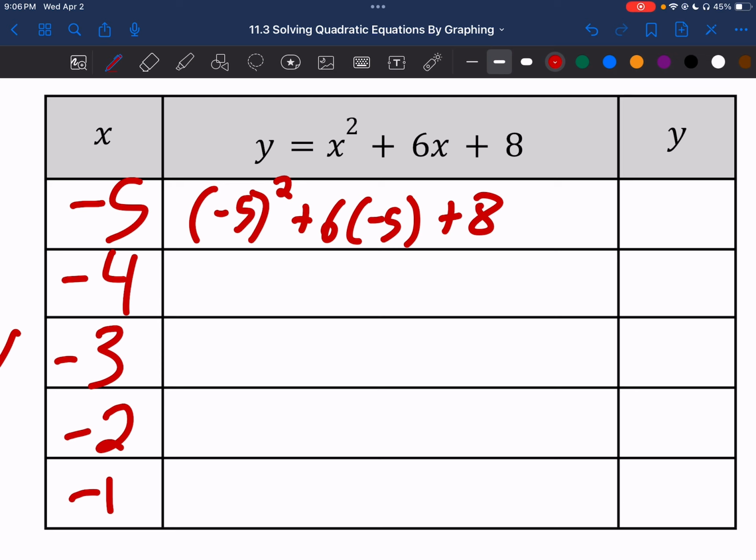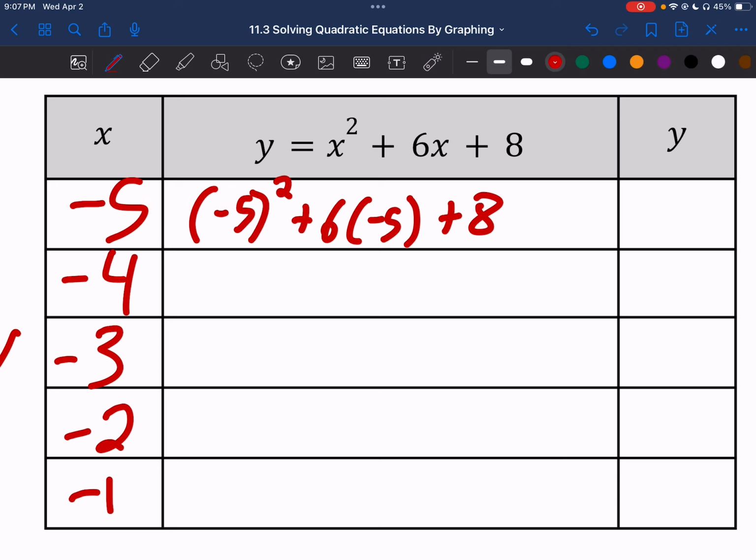I am substituting in a negative number and it's being raised to an exponent. By putting it in parentheses, that entire negative number is being squared, so the negative sign and the digit are both getting squared. If you put the negative sign on the outside, it would be the opposite of 5 squared, and you would get negative 25, which is not what you want in this problem.